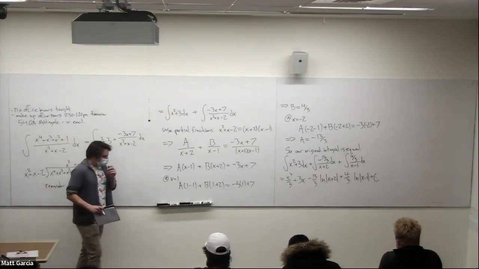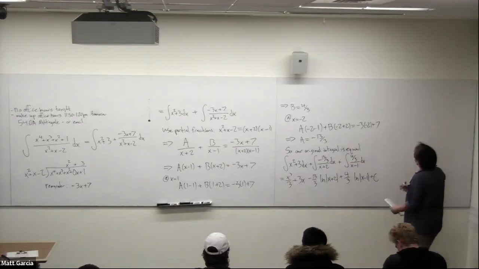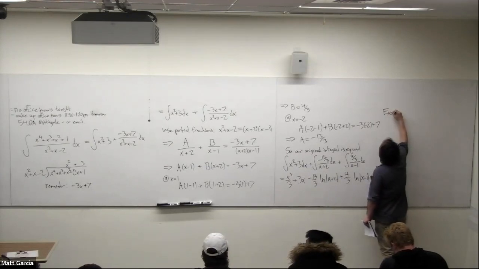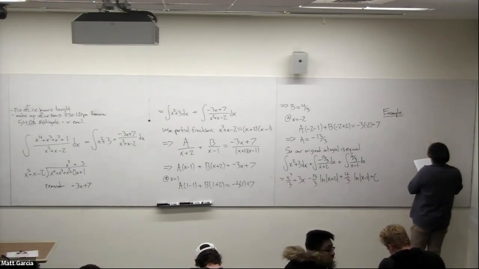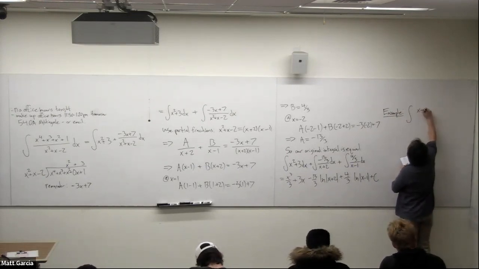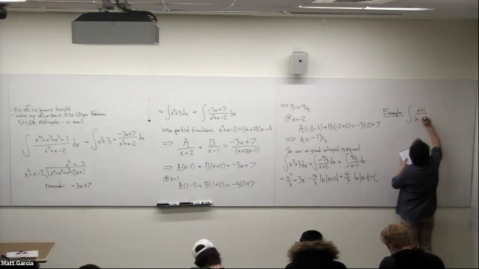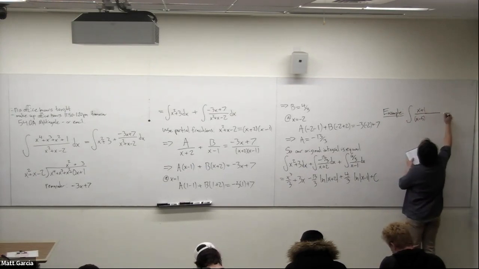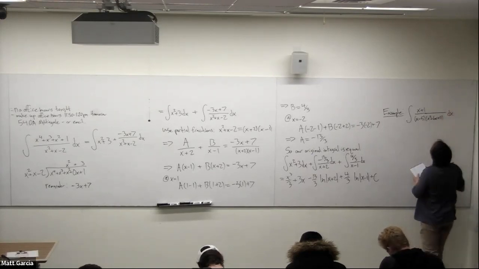Okay, let's see a much more involved example of what might happen. So let's try to compute the antiderivative of x plus 1 divided by x minus 5 times x squared plus 6x plus 11 dx.